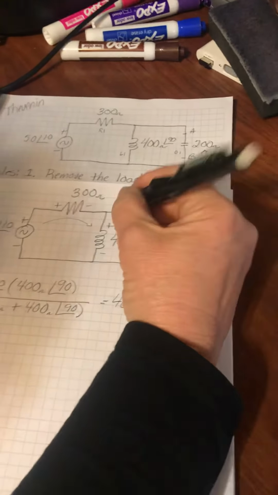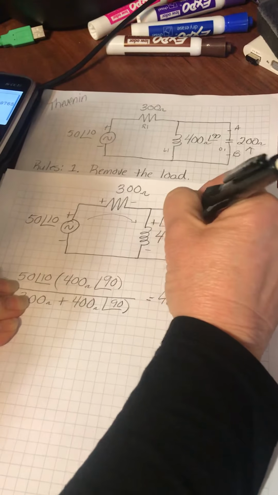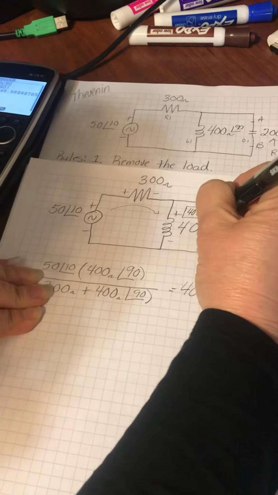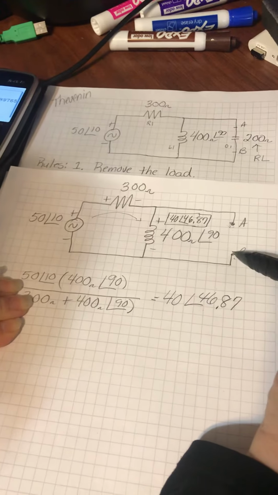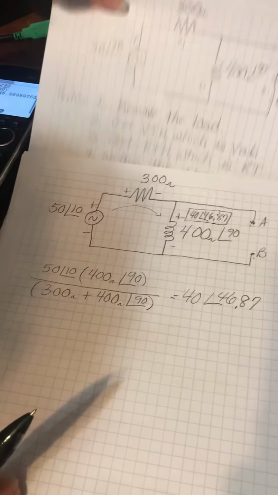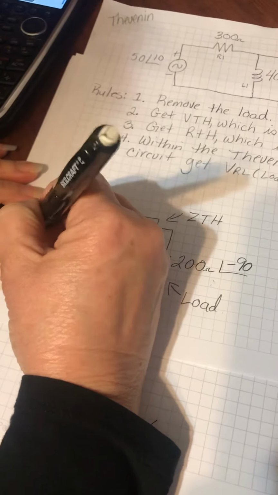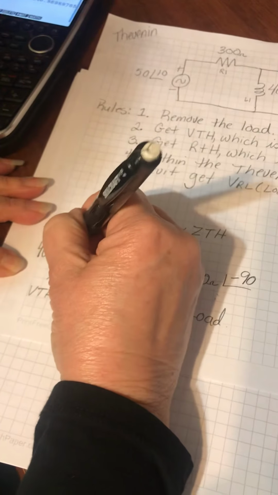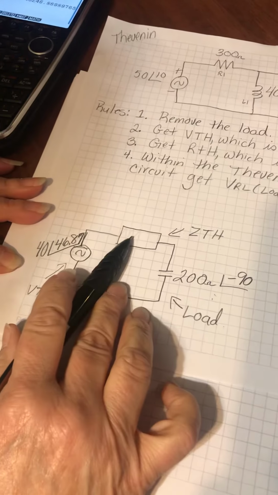So now when we go voltage A to B, the voltage is 40 at an angle of 46.87. So we can go back with our Thevenin equivalent circuit and put it here. So VTH is 40 at an angle of 46.87.